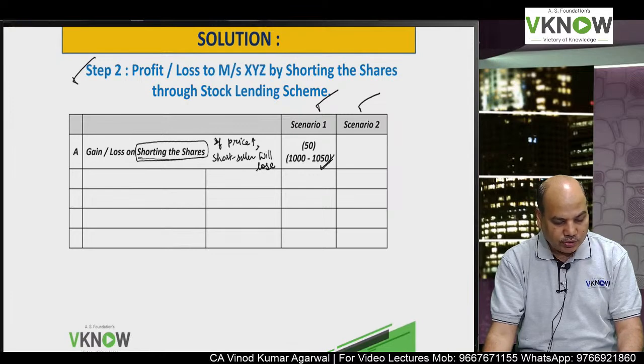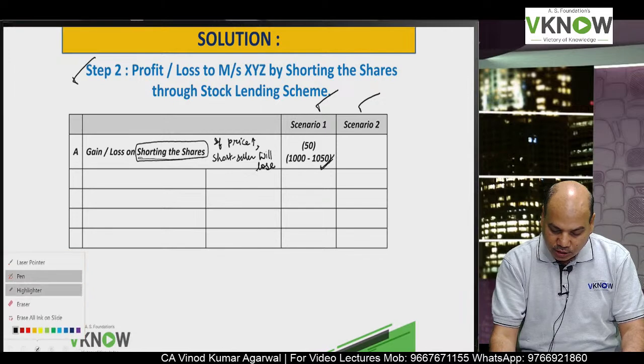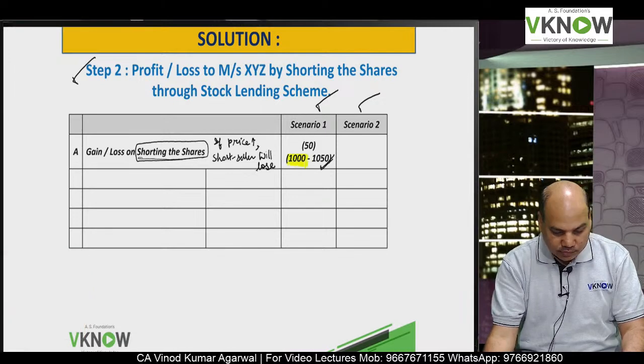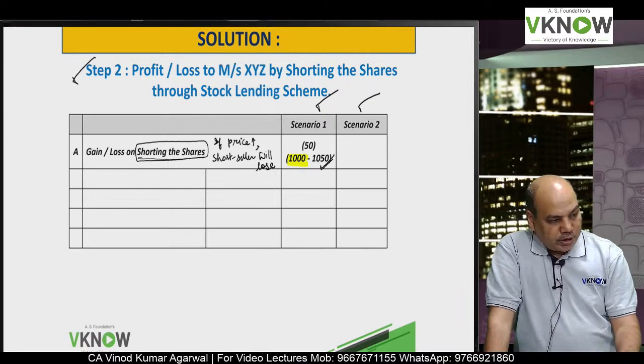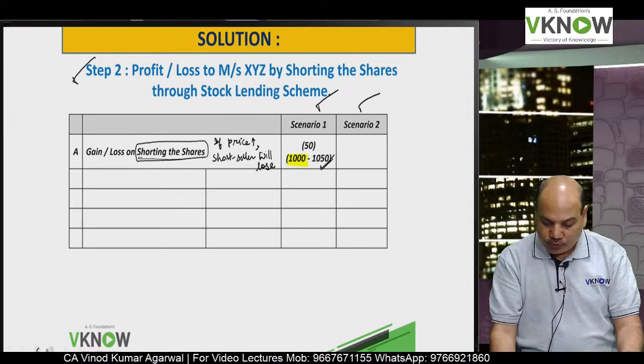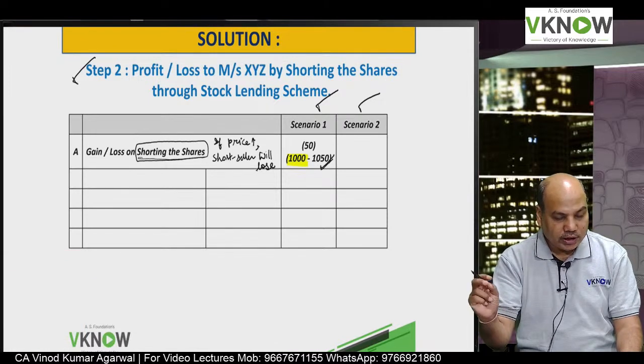This question has a small mistake. They have not mentioned at what price short selling was done. If you read the problem carefully, there appears to be a mistake. You have to mention in the question that the short selling was done at 1000 rupees.